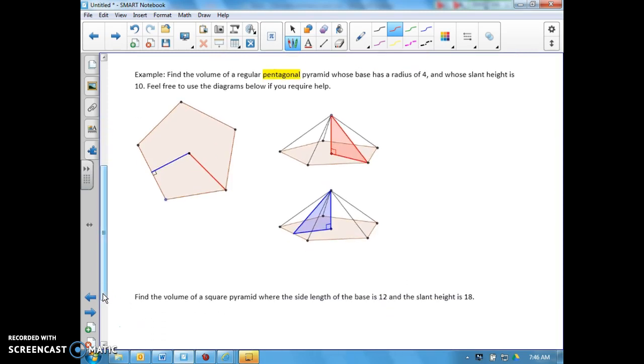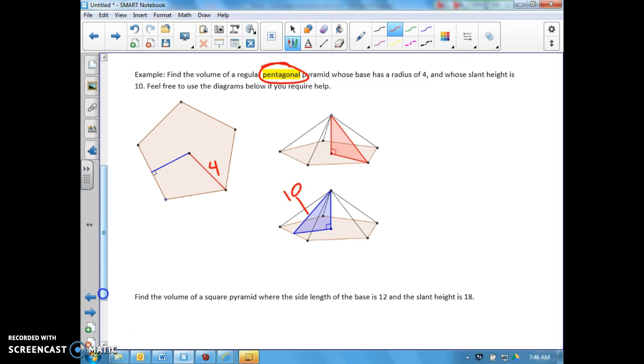So, if I want to find the volume of a regular pentagonal pyramid, okay, again, you've got the wrong word in your notes, I'm correcting you now, who has a radius of 4, and whose slant height is 10, so my slant height here is 10. So we're missing a lot of things.